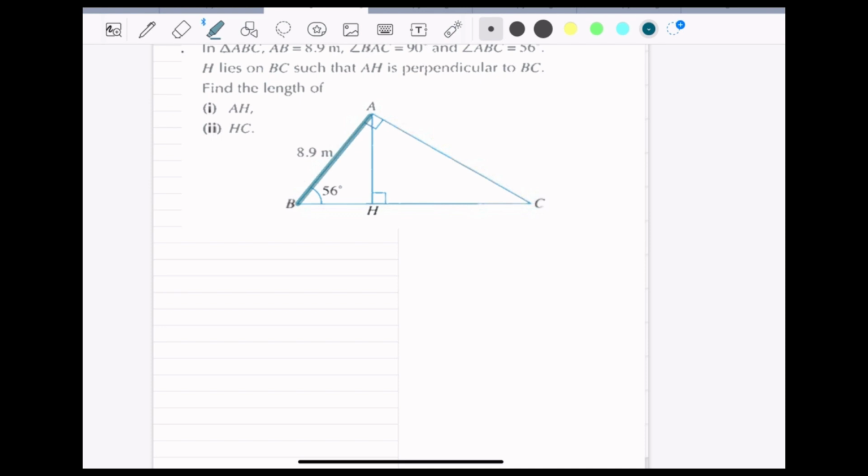If I see this triangle, this is also a right angle triangle in which one angle is given, and there is a side given, and this is a 90 degree angle. It's supplementary. So this is the hypotenuse, and according to the angle 56, this is the opposite and this is the adjacent.